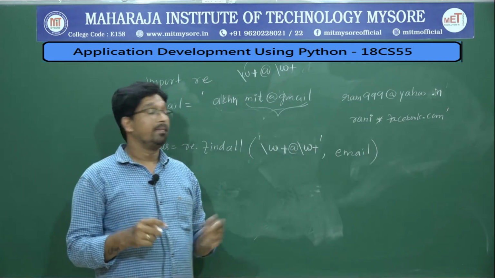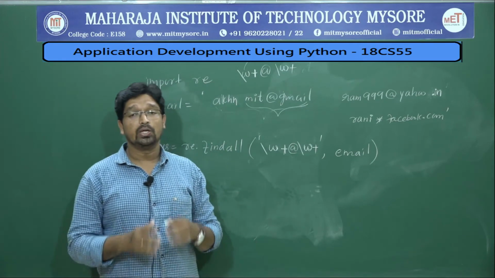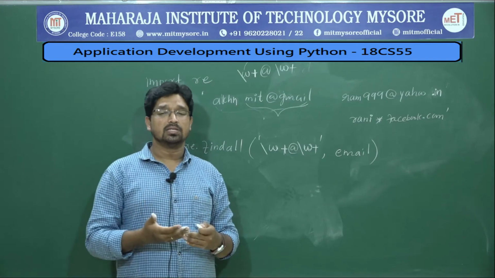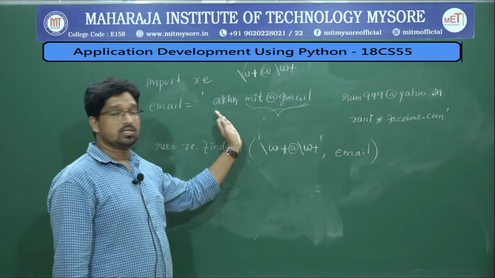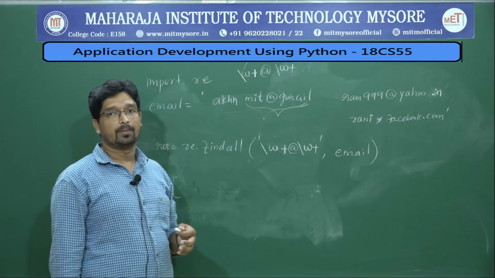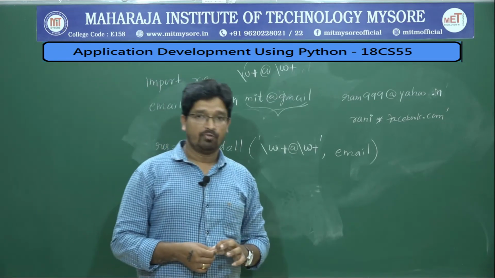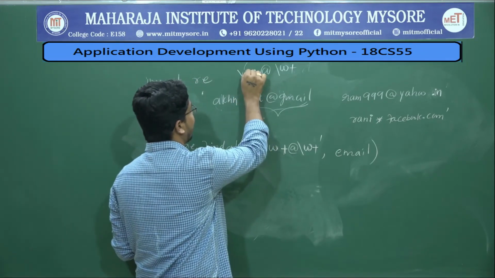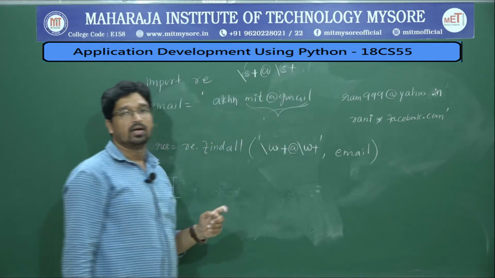I wanted to convey that you need to write the regular expression in such a way that it considers all possible results, all possible scenarios. Here for this scenario it will consider only mit@gmail.com. So for that, we can use one more character, small \s, for non-white space characters.